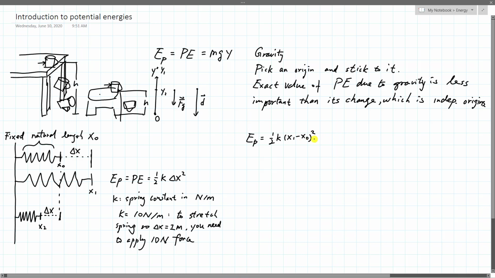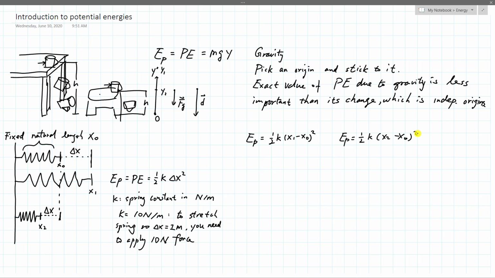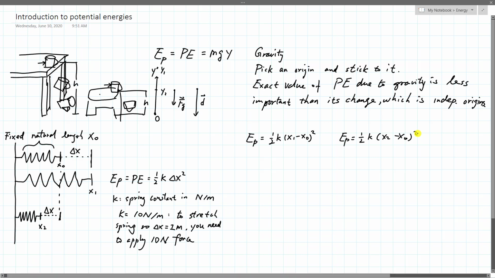And in the other situation, EP, potential energy, is 1/2 k (x2 minus x0) squared. So if x1 happens to be equal to the opposite of x2, that means you stretch and you compress the same amount, and these two could be equal to each other. So you can compress the spring to store energy, you can stretch the spring to store energy as well.